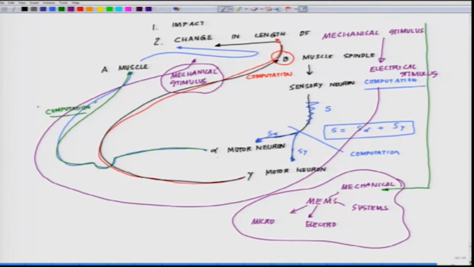You are essentially seeing a micro electromechanical system in this form.